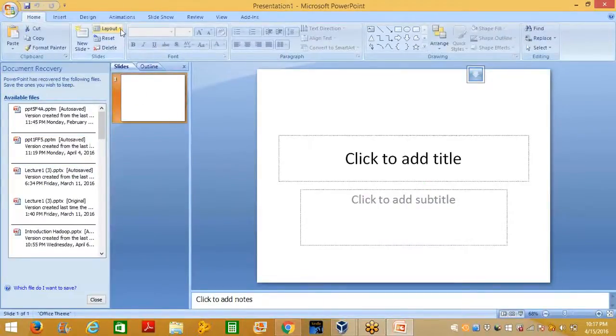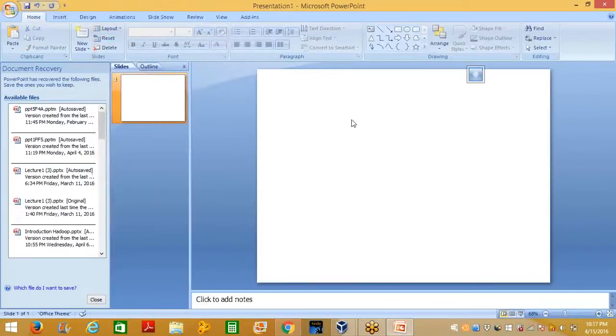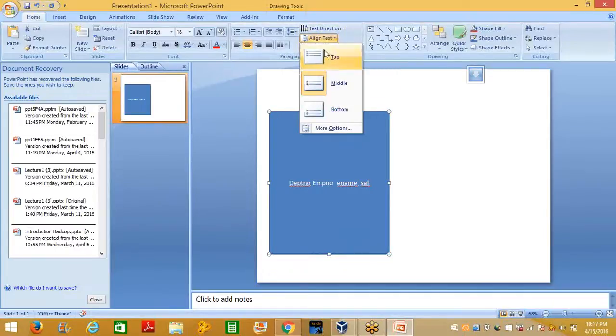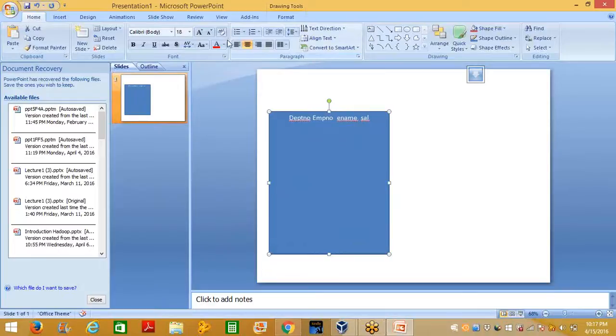I have a table which has a department number, an employee number along with the employee name, and then salary. Assume that this is the data that exists here.